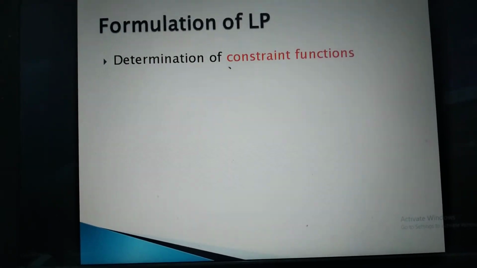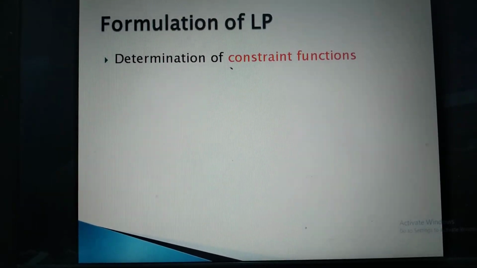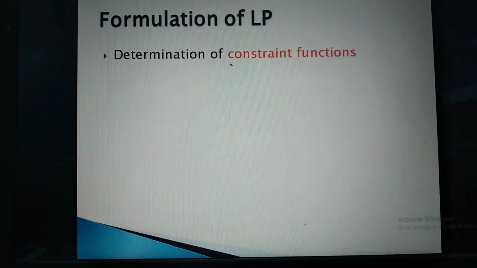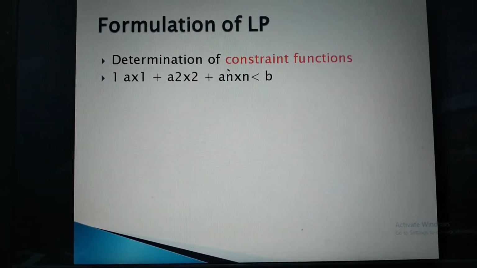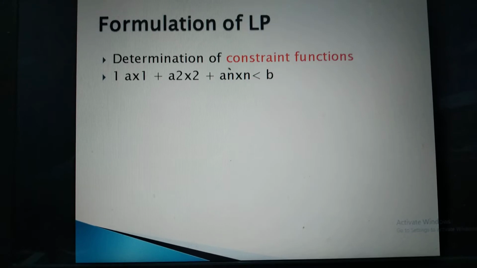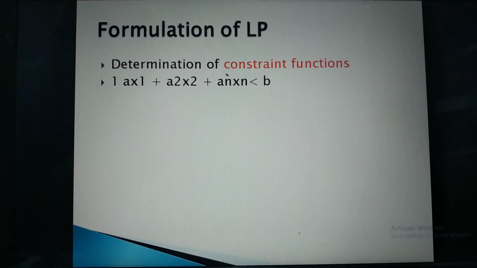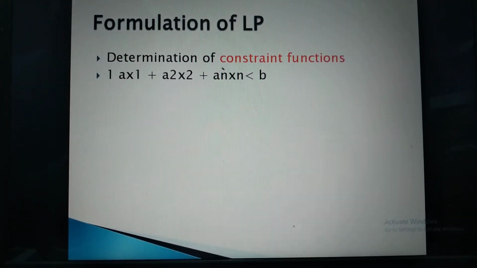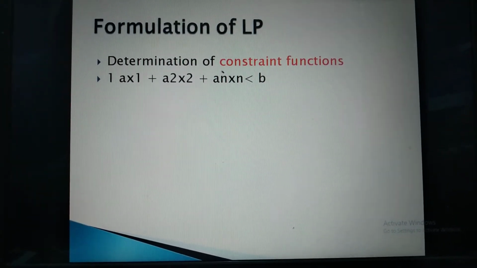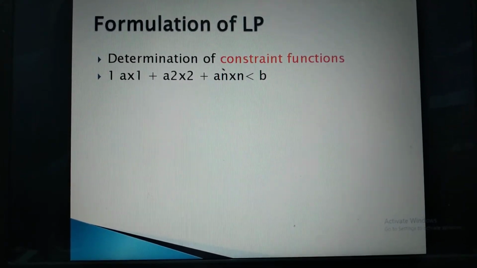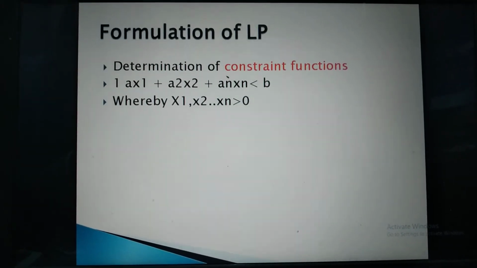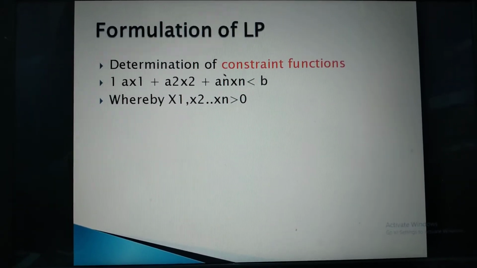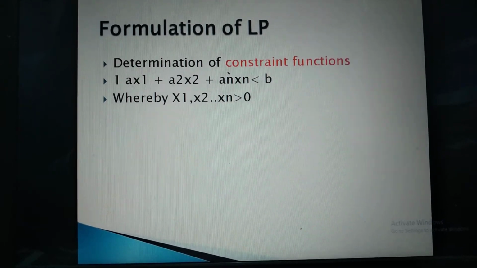Number three, determination of constraint function. How do you come up with constraint? Constraints are actually limitations. The limitations can be structured in the form of a1x1 plus a2x2 plus anxn is less or equals to b, meaning that we are introducing inequalities, whereby x1, x2, and xn are greater or equals to 0.